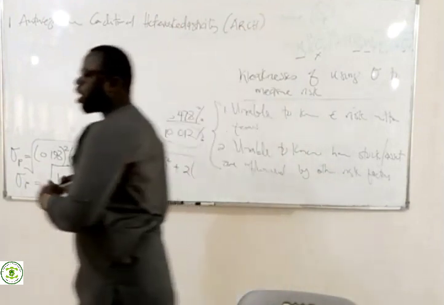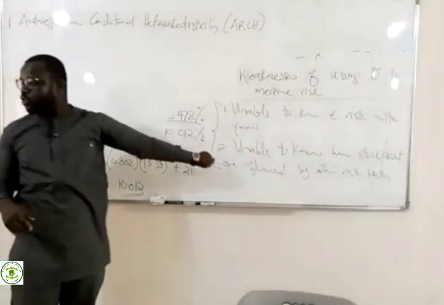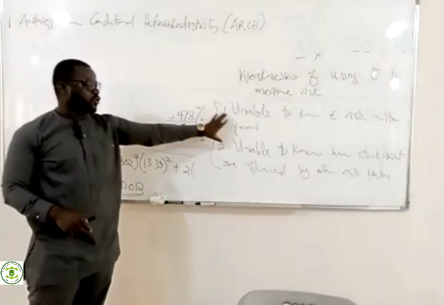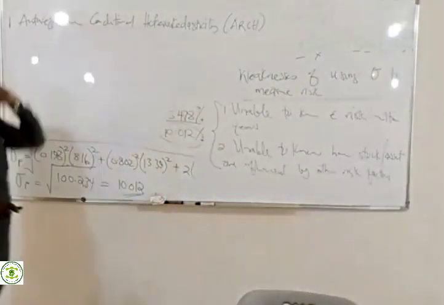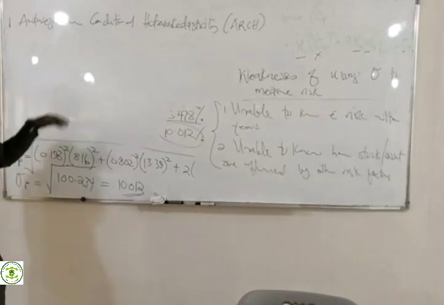So because of this weakness, we have the modern ones. These ones are measures of volatility. Please note, like I said, risk is also looking at volatility.